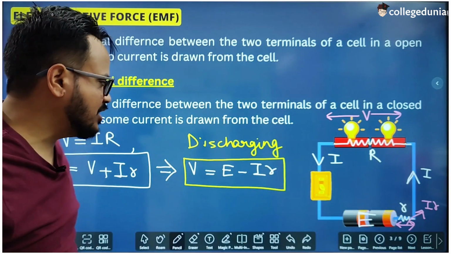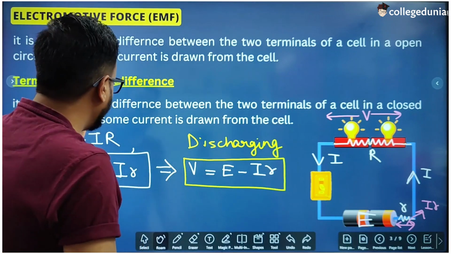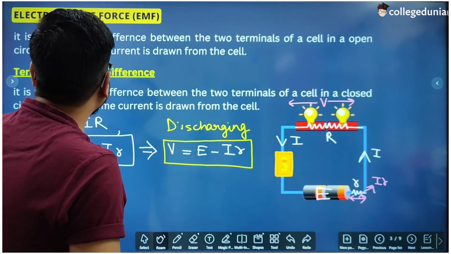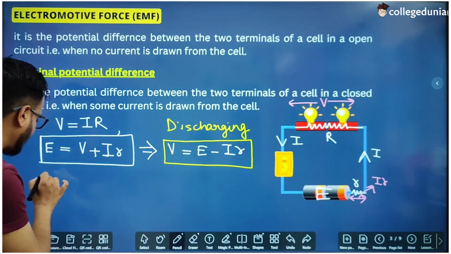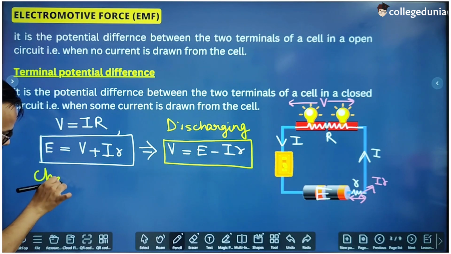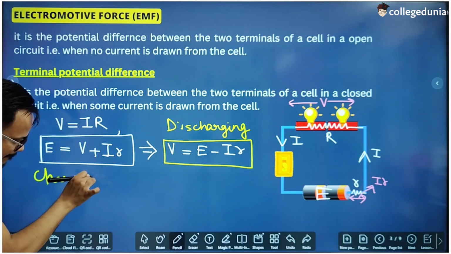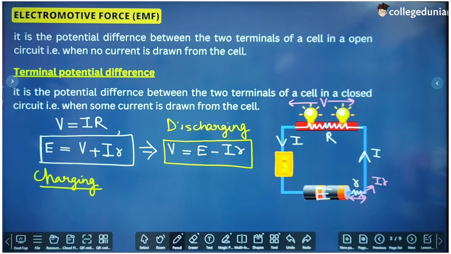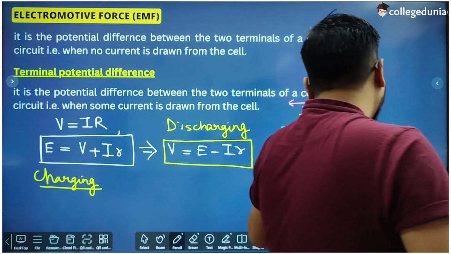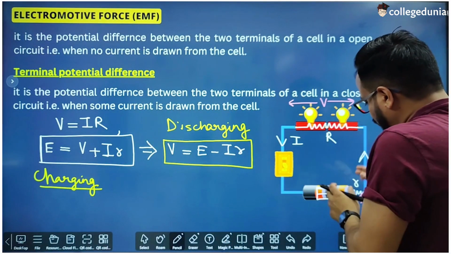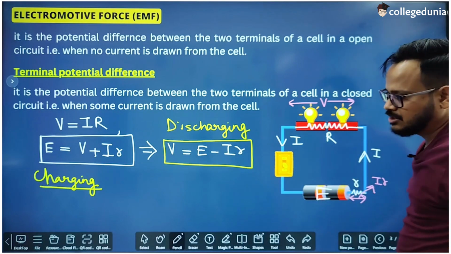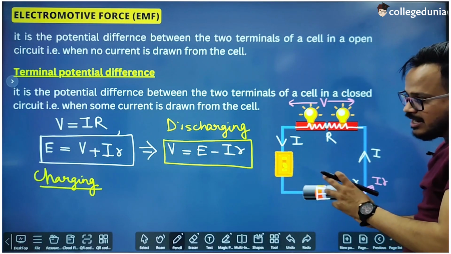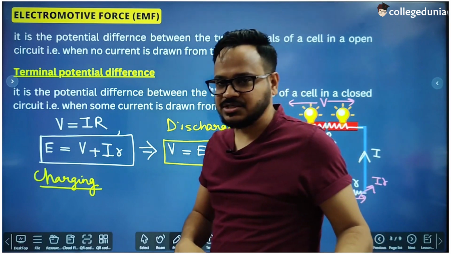So what happens during charging? Using an external circuit, we flow the current into the cell in the opposite direction to what it was when the cell was discharging.